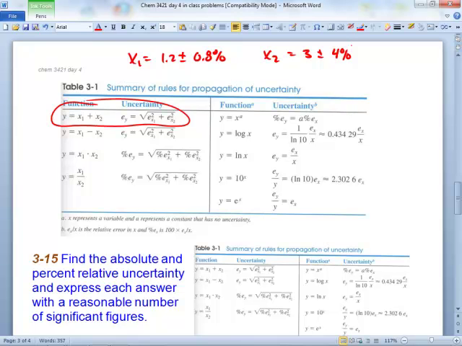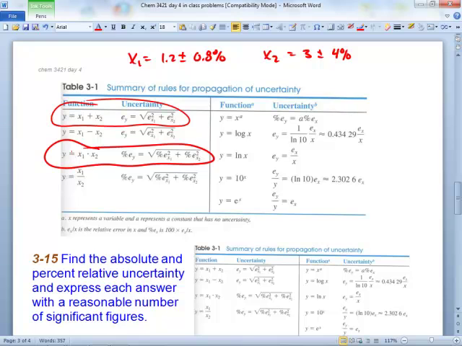You don't have to do any figuring. But look at these: if I multiply x1 and x2, I have to use this equation, and I'm going to have extra work in the end because I get my result as a relative percent. Then I have to convert it to absolute and make sure it matches my measurement result.